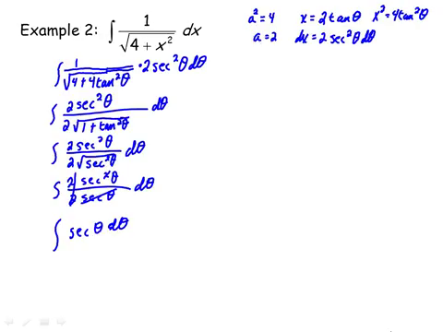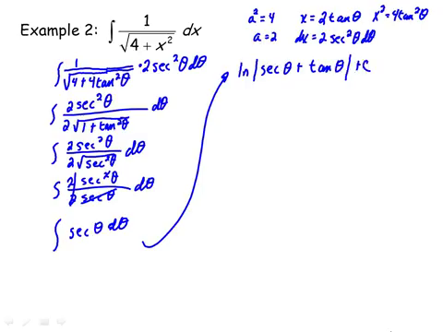So the integral of secant theta is going to be the natural log of secant, u in our case is theta, plus tangent theta, and of course you have the plus c.